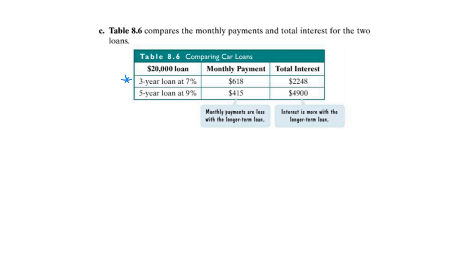Whereas on the second option, 5 years at 9%, the monthly payment is $415, and you pay back a total interest of $4,900. So notice the longer the payback period and the higher the interest, you're going to accrue more interest, and you'll end up paying more back for borrowing the $20,000.